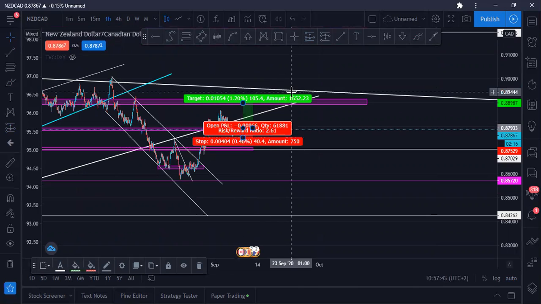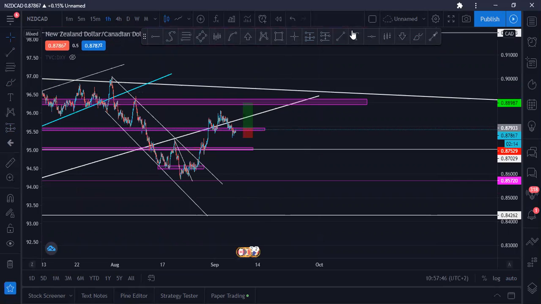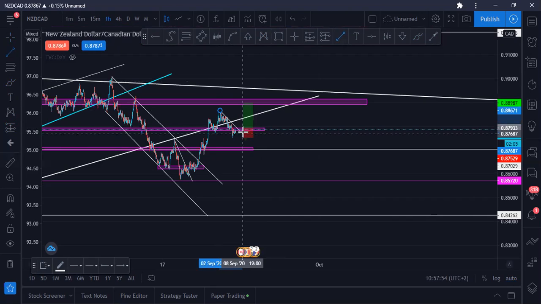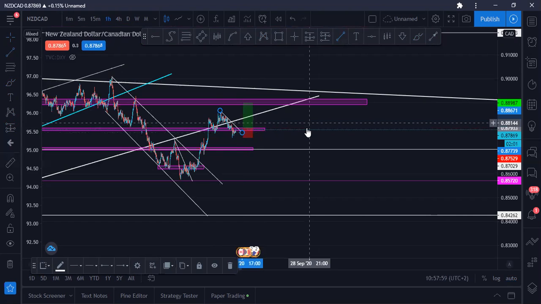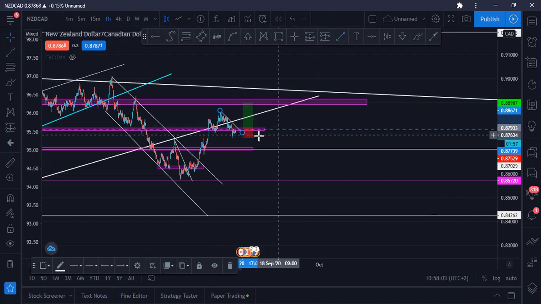This is what I see happening with the New Zealand Canadian dollar. Okay, let's go on this trend line. Only once we get above this zone, this trend line here, then I'll be comfortable to get into this trade. And as you can see, it's basically at that zone. So this will be a really nice trade to the upside. Have your stops there, and you'll be good to go.